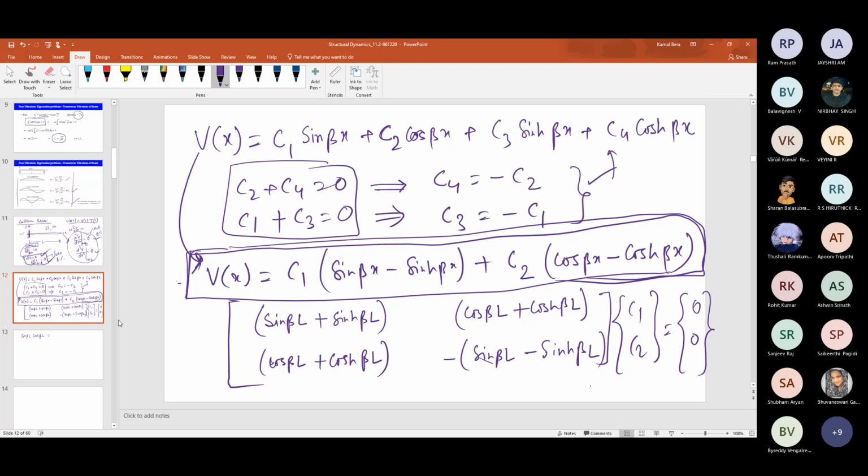I am getting the determinant as plus sin square hyperbolic and then minus cos square, that will come to be -1. What is the relation? Check cos square hyperbolic beta x minus sin square hyperbolic, minus 1.